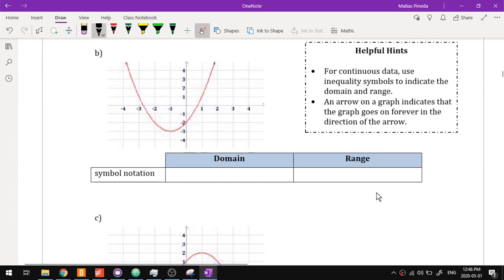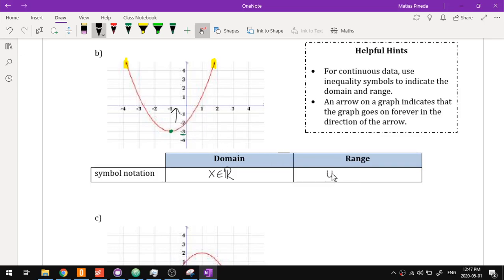In the next example here, we have a parabola again. And we have arrows at the end. The smallest possible y value is right down here. It's going to be -3. Okay, so for the domain, x belongs to the real numbers. For the range, well, the y value will be -3 or greater.